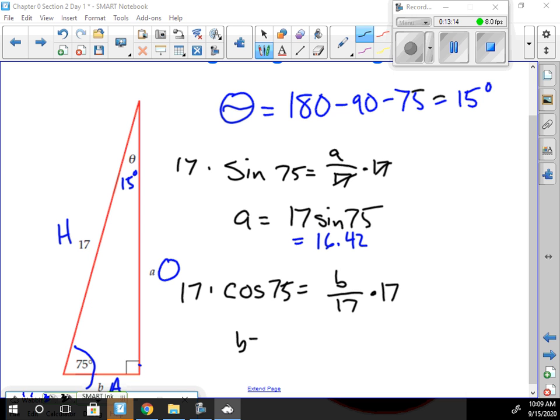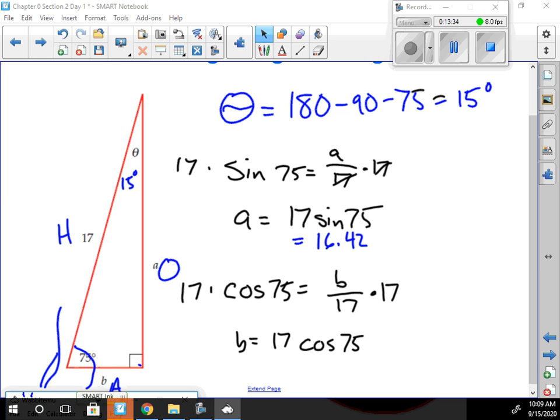I get B equals 17 times the cosine of 75. Put that in the calculator, if I can grab the calculator.